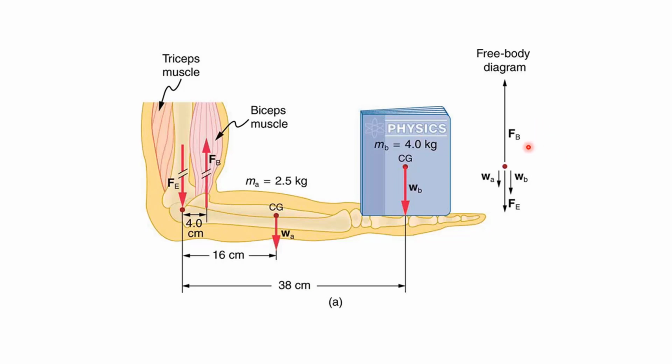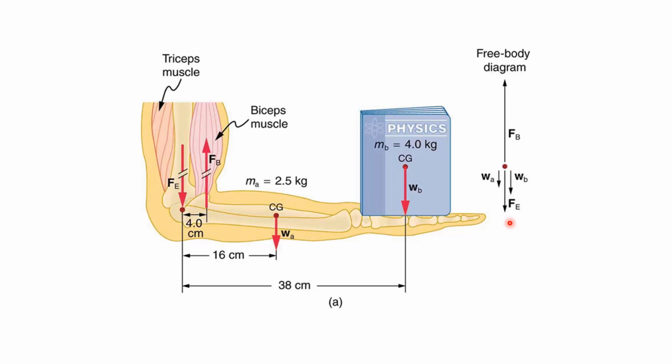Here, in the free body diagram, we have FB force, which we have on our arm upwards, and FE, which is triceps muscles, which gives you the weight. It is caused because of the weight of the book and the weight of the body part.